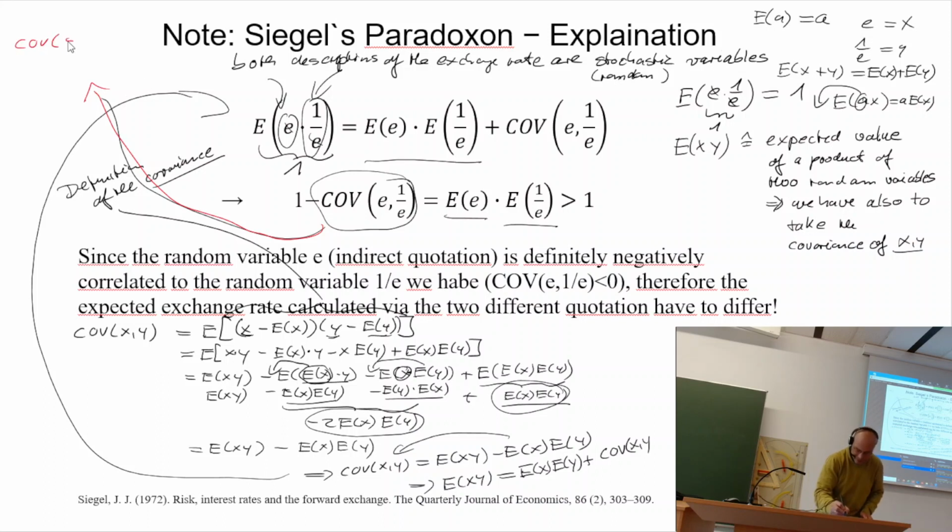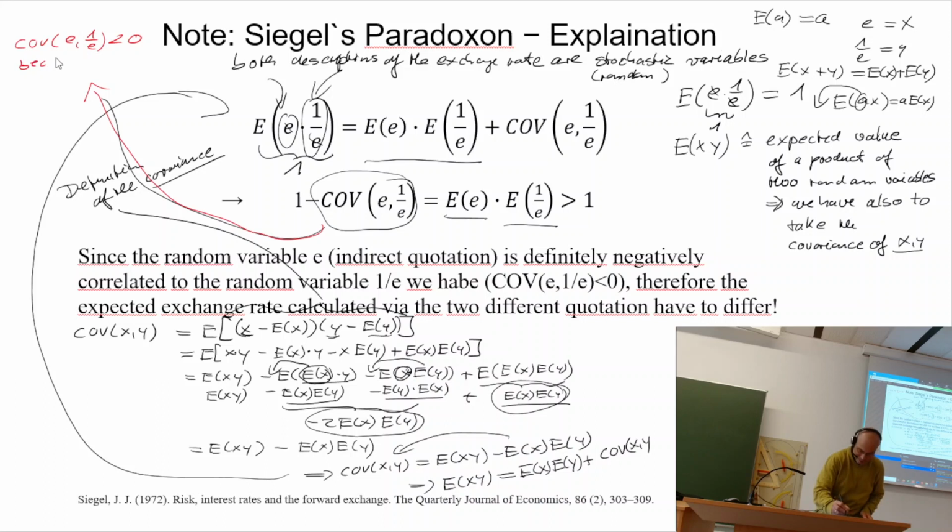Covariance of E and 1 over E has to be a negative number, because we definitely know if E goes up, 1 over E has to go down, and the other way around.